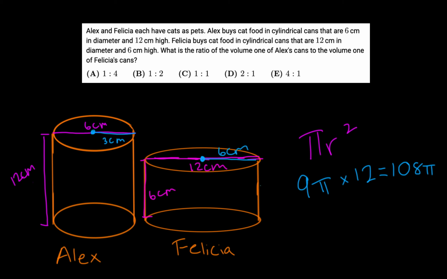Plug that in the pi r squared formula, and we get that the area of the base is 36 pi, because 6 squared is equal to 36. Let's multiply that by 6, and we get 216 pi.